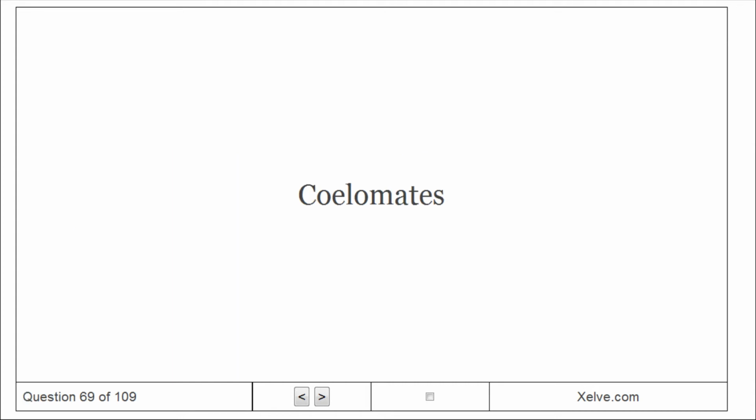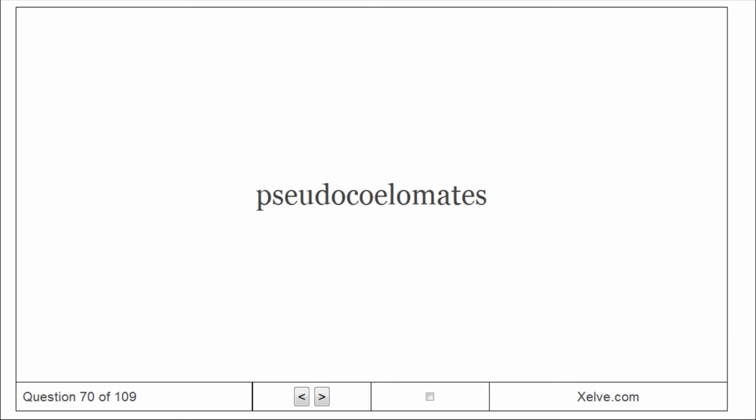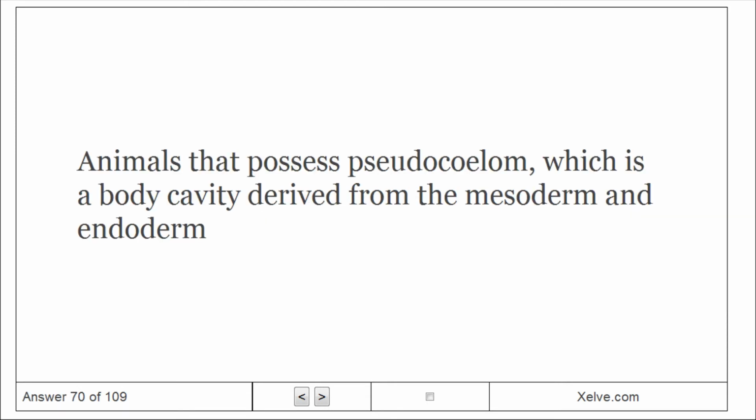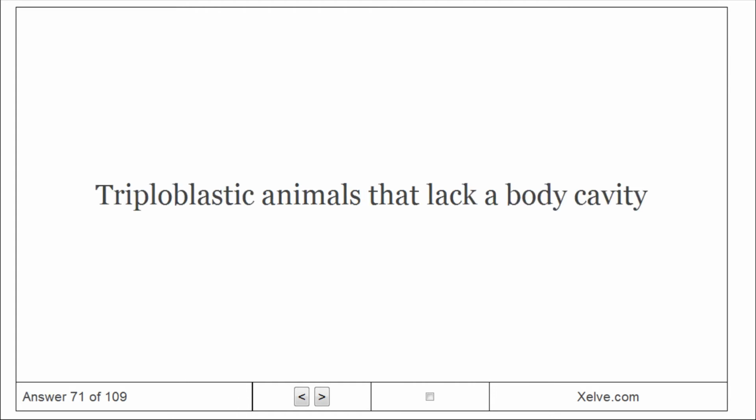Coelomates are animals that possess a true coelom. Pseudocoelomates: animals that possess a pseudocoelom, which is a body cavity derived from the mesoderm and endoderm. Acoelomates: triploblastic animals that lack a body cavity.